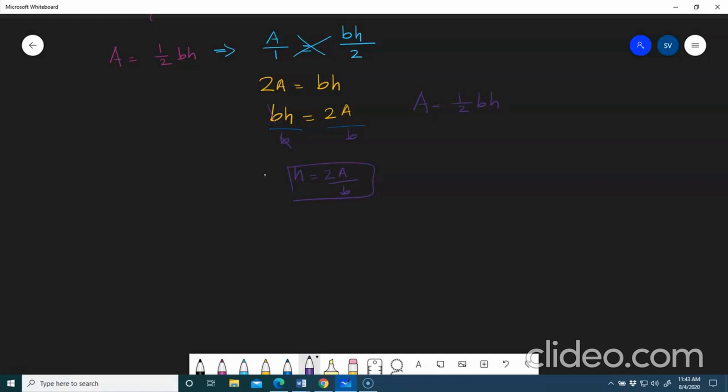So if you have the area and the base of the triangle, using this equation you can definitely find out the height of the triangle.